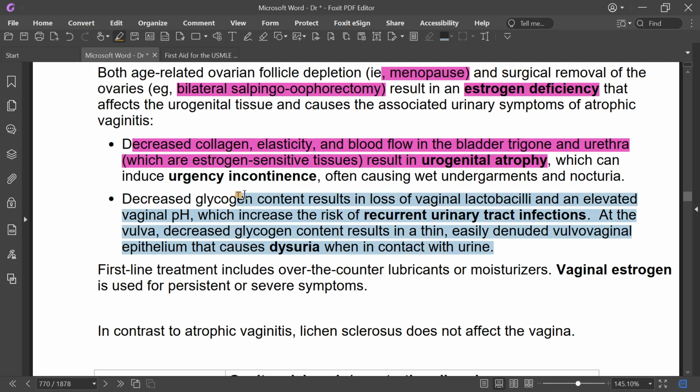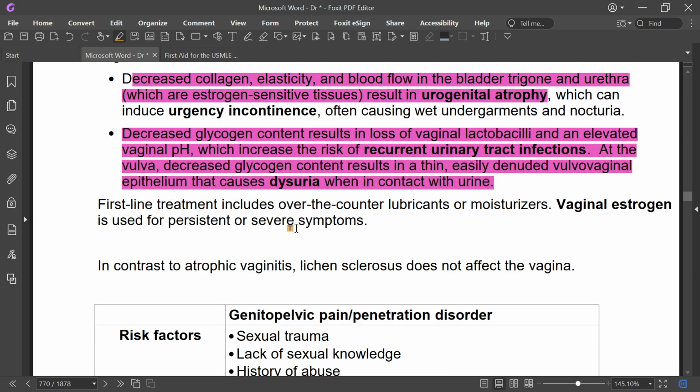So decreased glycogen content and decreased collagen, elasticity, and blood flow result in urogenital atrophy. First line treatment is over the counter lubricants and moisturizers; vaginal estrogen is used for persistent and severe symptoms.